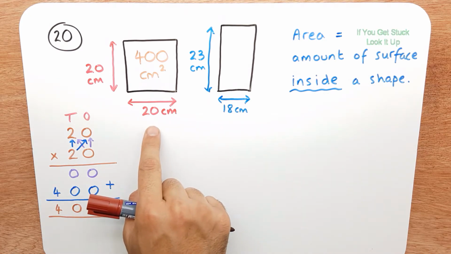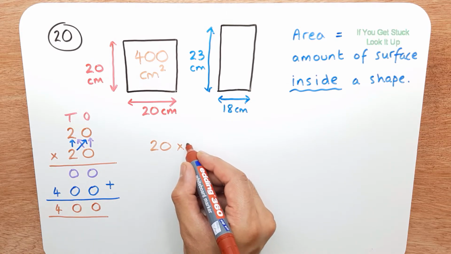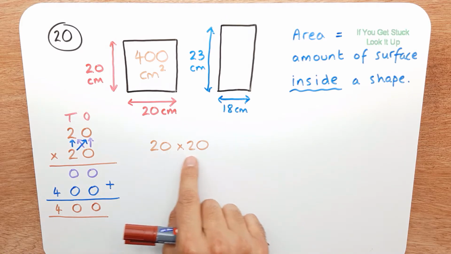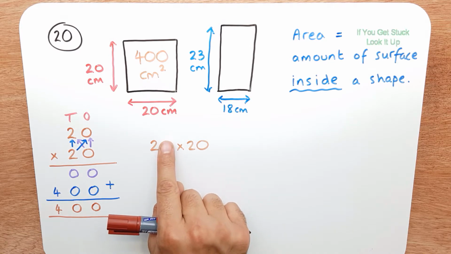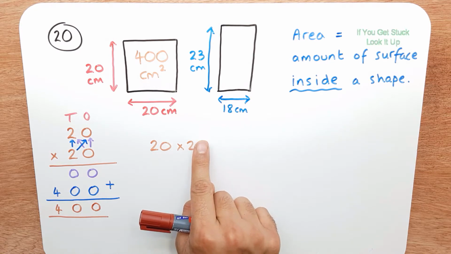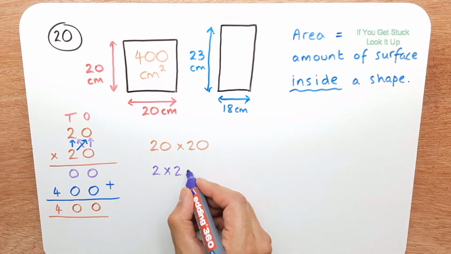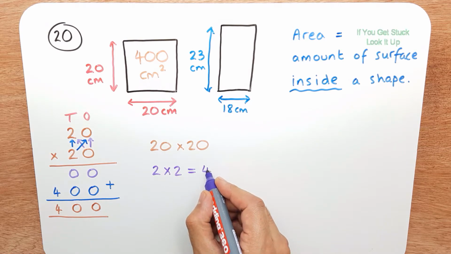Now I'm going to show you another way of doing this. 20 times 20. I've noticed that these both are whole tens. So what I'm going to do is hide that 0 and that 0. So what I'm going to do is 2 times 2. And I know 2 times 2 is 4.